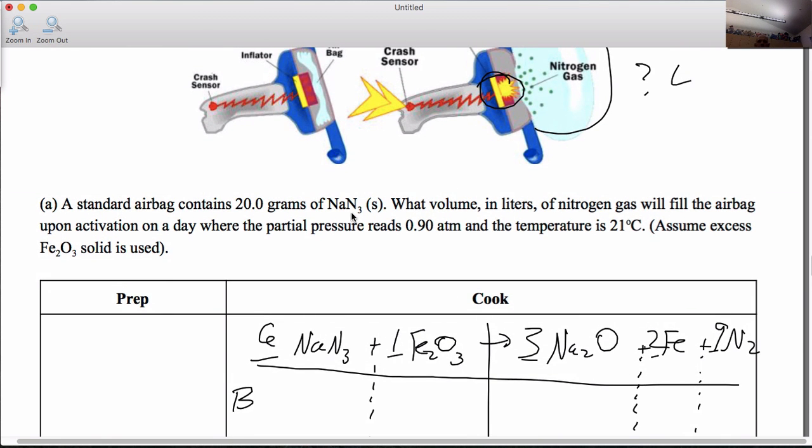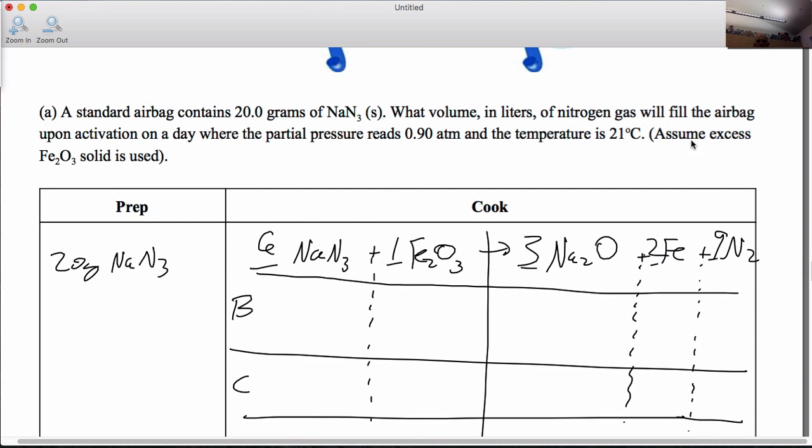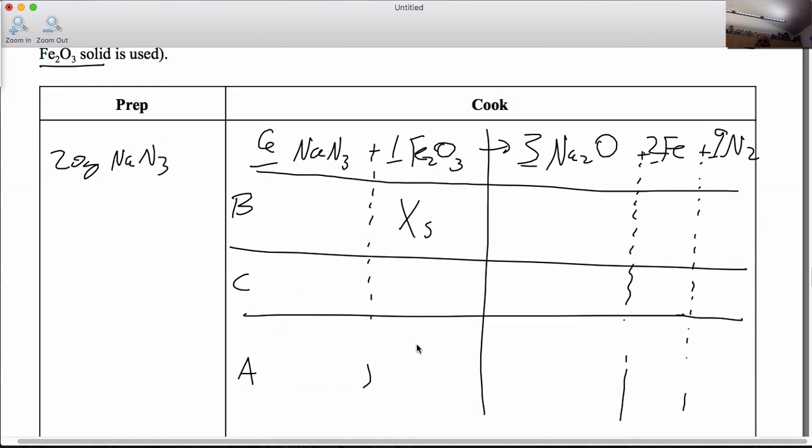So they say you have 20 grams of NaN3. And it says assume excess Fe2O3. So you have excess here, so you know you're going to end up with excess here. Let's go ahead and convert this to moles though. So N3, that's going to be 14 times 3, plus Na, which is 23.